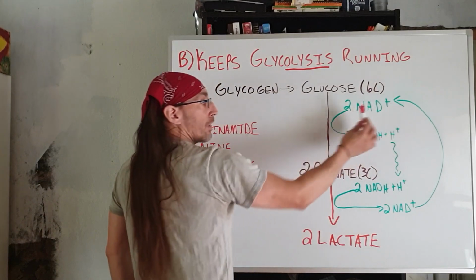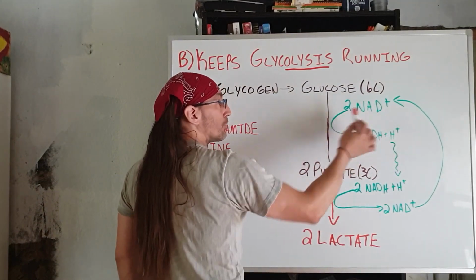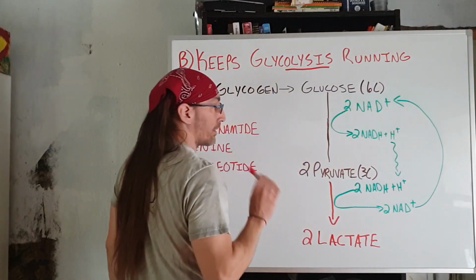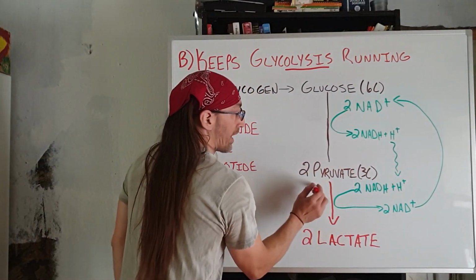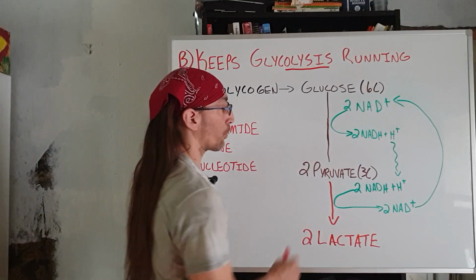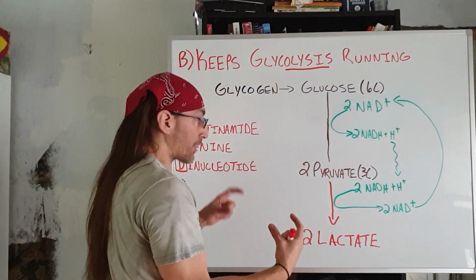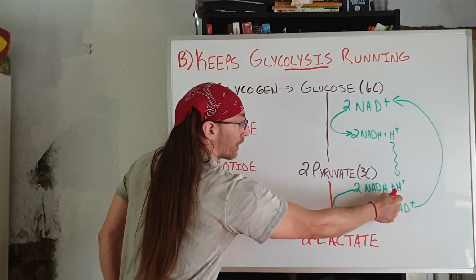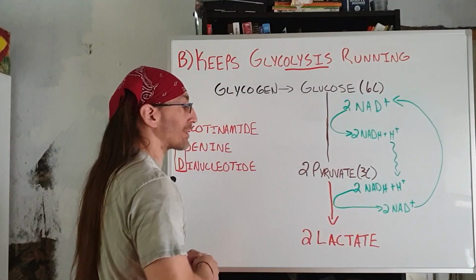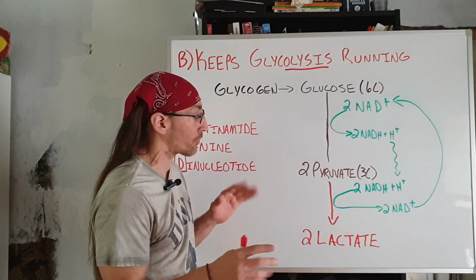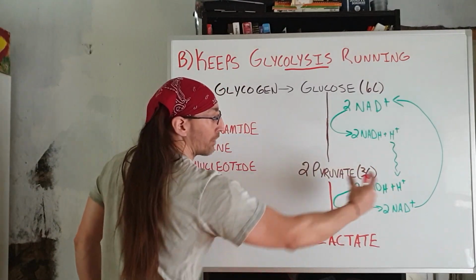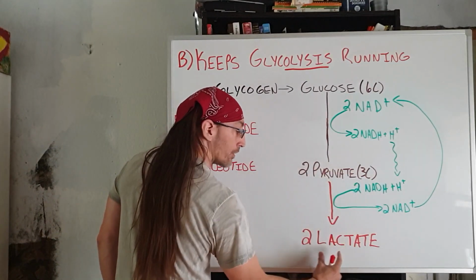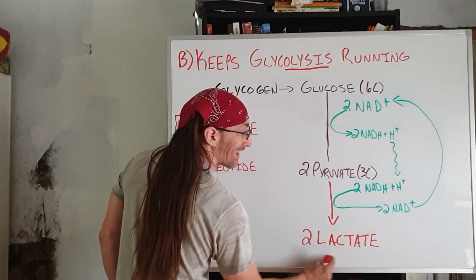Anyway, you have these two, your 2 NAD plus became 2 NADH plus. You need it to become this again. So here's what you do. You take these 2 pyruvate. What you're going to see later is we'll look at this process. You take a pyruvate, an NADH and an H plus, and an enzyme called lactate dehydrogenase, or LDH if you want, that I'll talk about later, and you will make it into lactate.